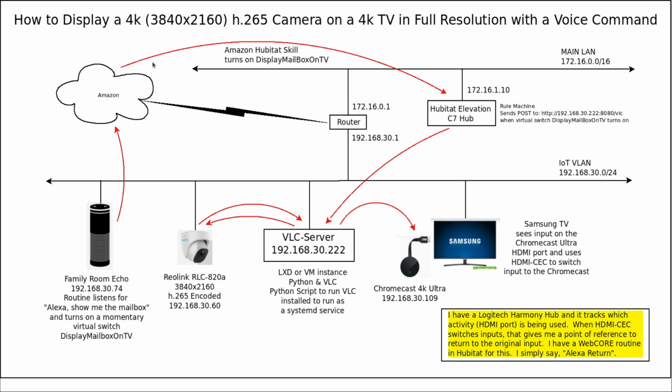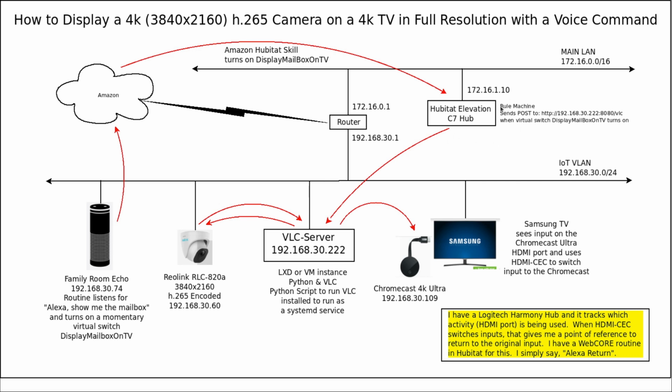When it turns on that switch, I have an Amazon Echo skill for the Hubitat, which links the Amazon to my Hubitat, and then it goes ahead and invokes that skill to turn that switch Display Mailbox on TV on the Hubitat Elevation Hub.